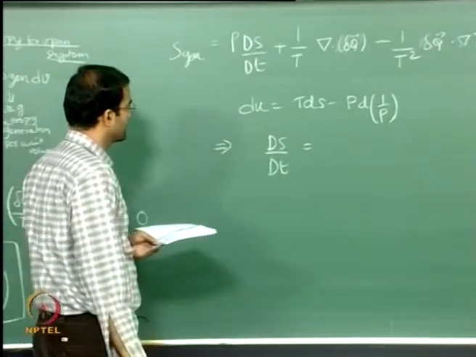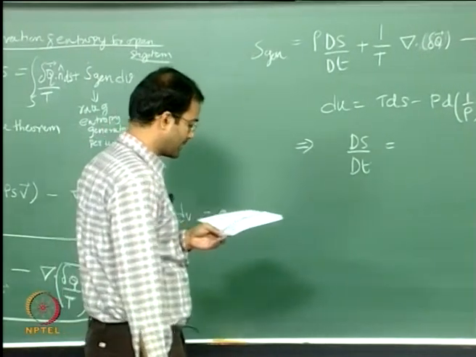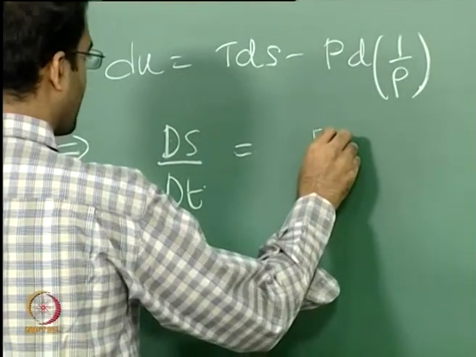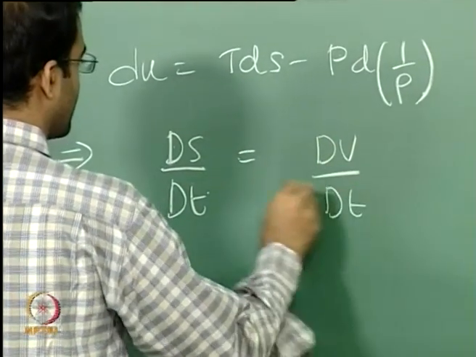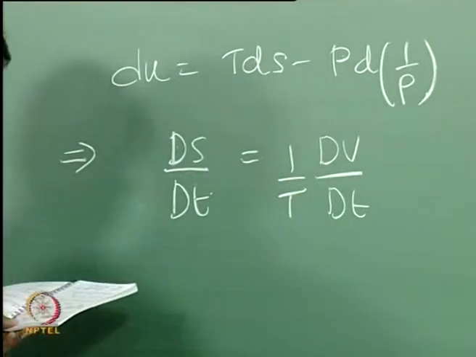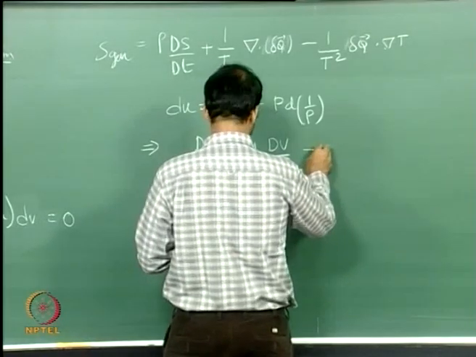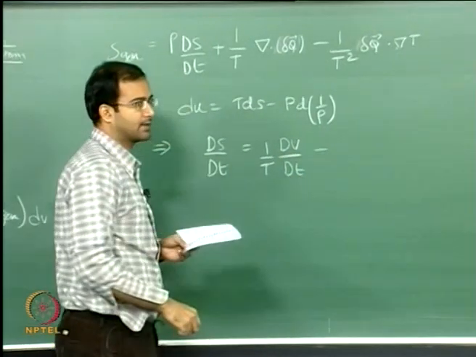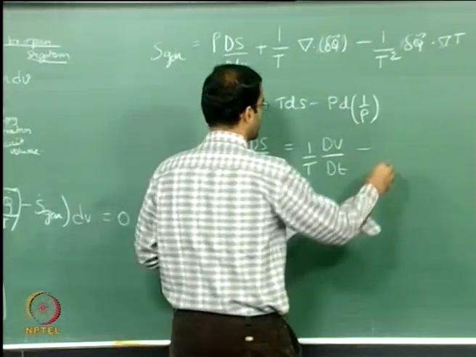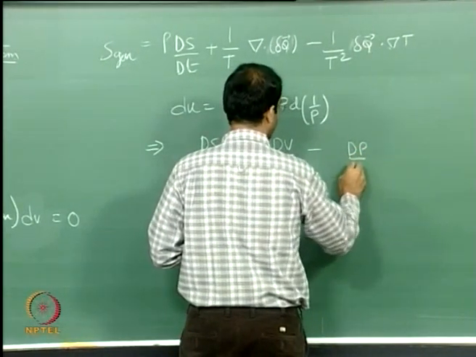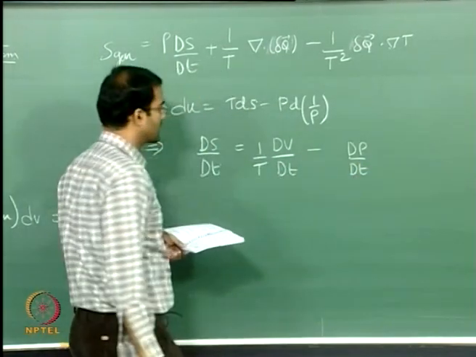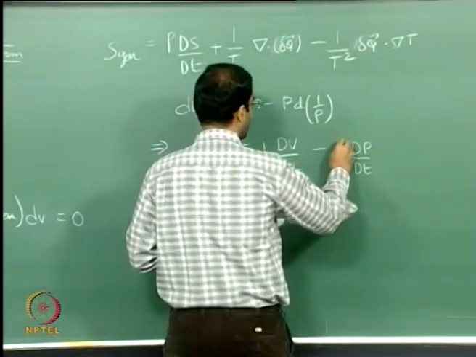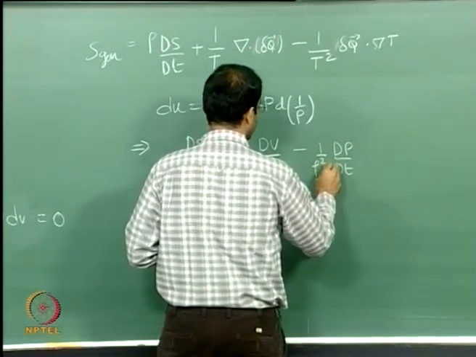Okay, so if I express ds by dt, I can write this as du by dt, so I can take 1 by T on the other side, minus, so this should be, if you can express this as d rho by dt, so what should be the remaining term? Rho square and T, right?